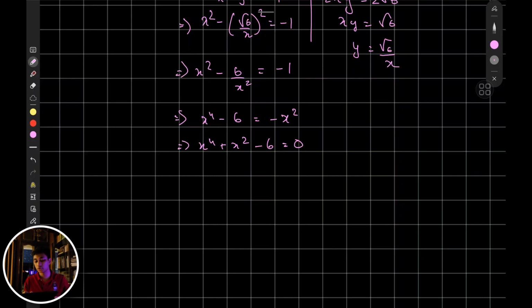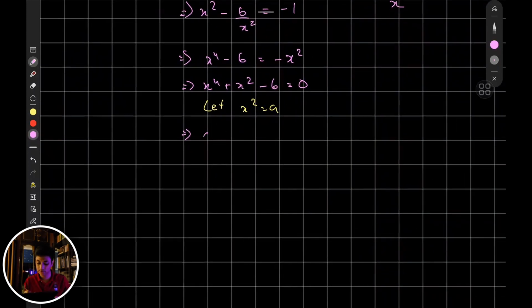Now the point is, how do you solve this weird equation? You can say let x square be a. If that is the case, you can say a square plus a minus 6 is 0.